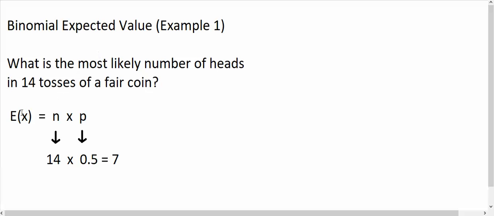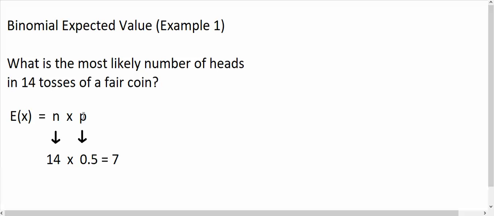Here we have expected value equals n times p. Remember, n is the number of trials, which in this case is 10 tosses, and p is the probability of a success during each trial. In each of these types of problems, the problem defines what's considered to be a success. Whatever outcome the question asks about is defined as the success.